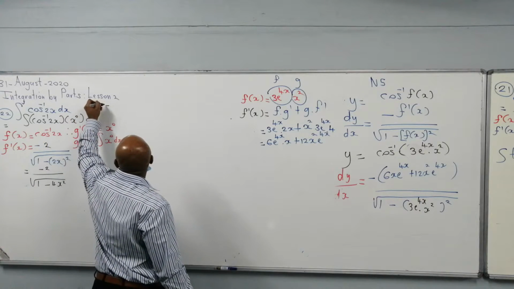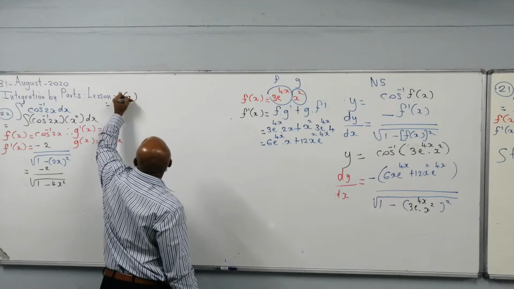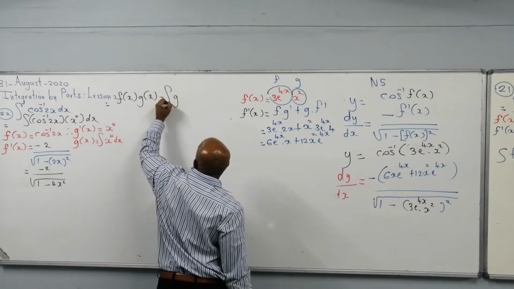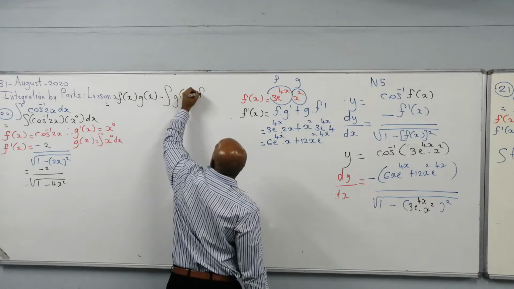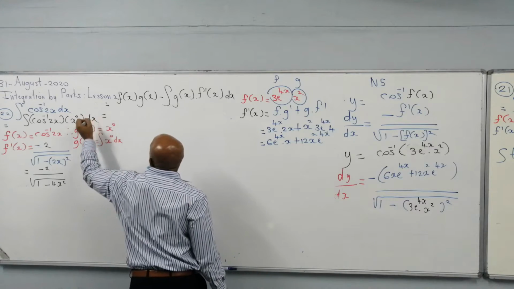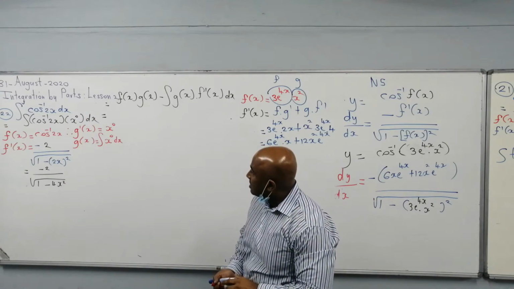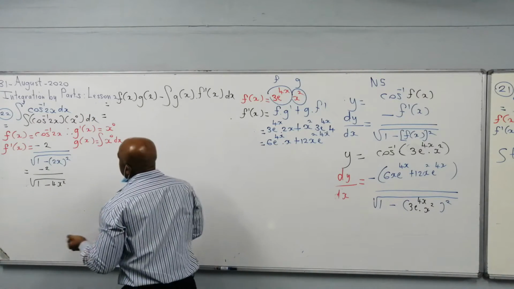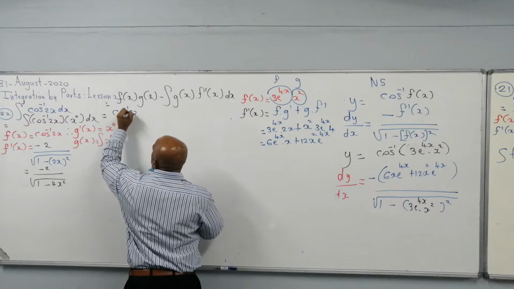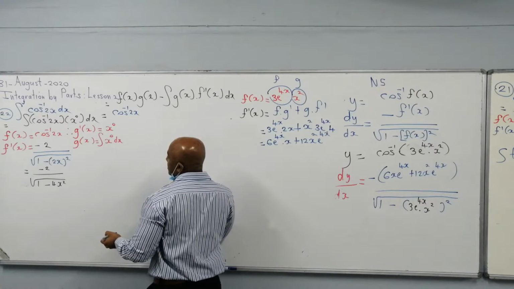So, how does the formula work? It's going to be f of x, g of x minus the integral of g of x times f prime x dx. So what is f of x? My f of x here is inverse cos 2x. What is g of x?